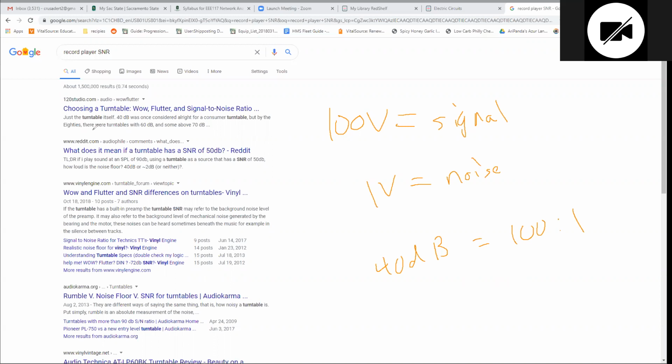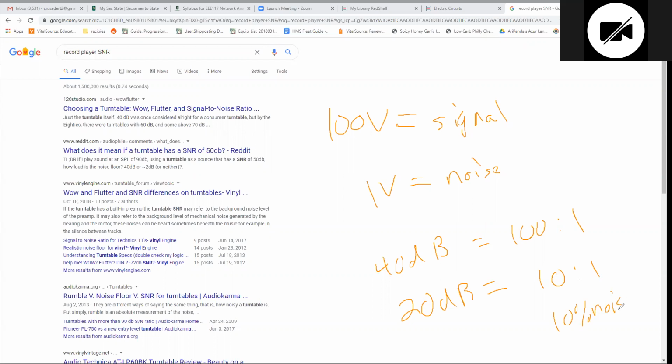Now, a record player from the 50s, 60s and 70s, vinyls, typically has between, I've seen as crappy as 30 to 50 dB. That's not that good. If you get a 20 dB SNR, that's a 10 to 1 ratio. That means 10% is noise.